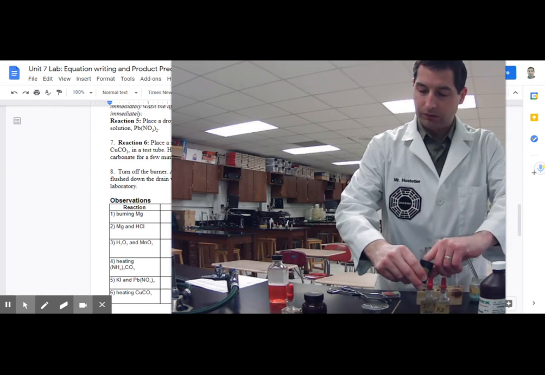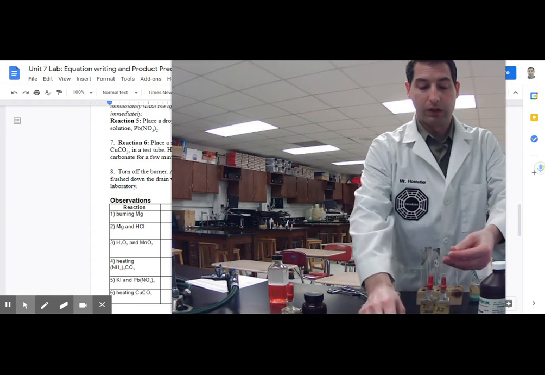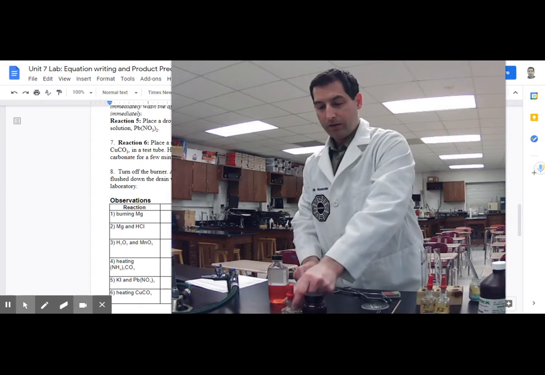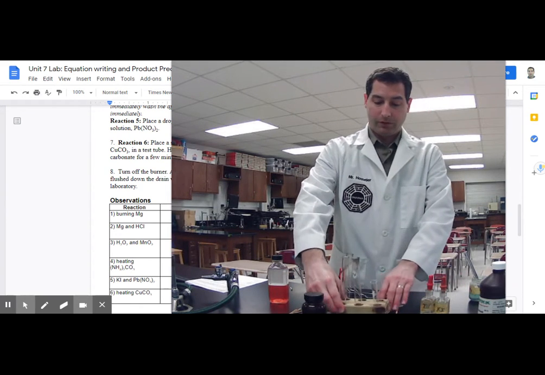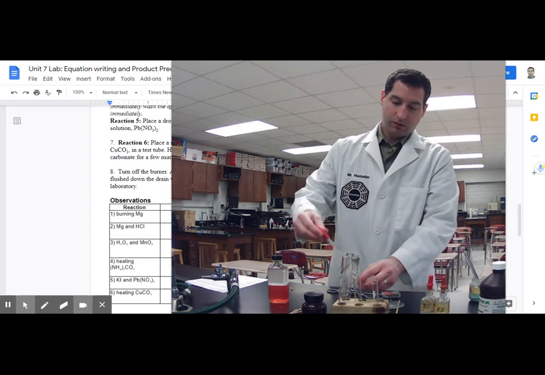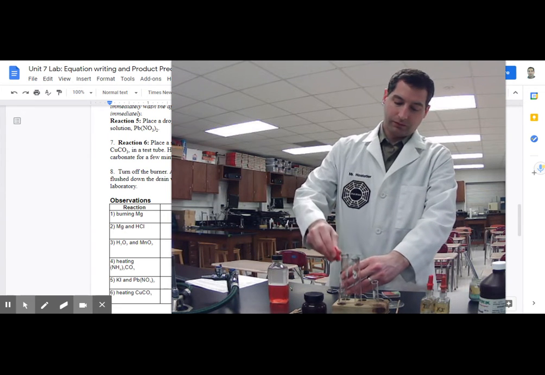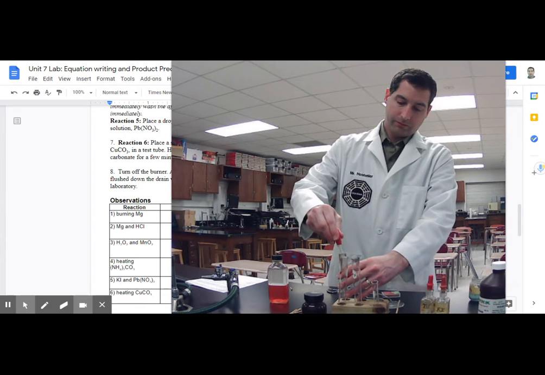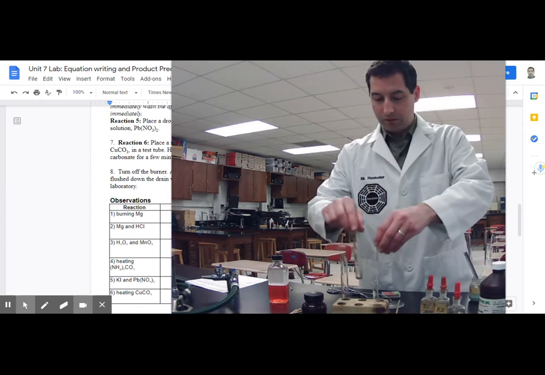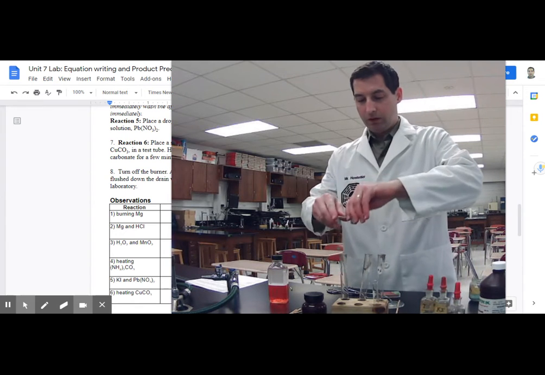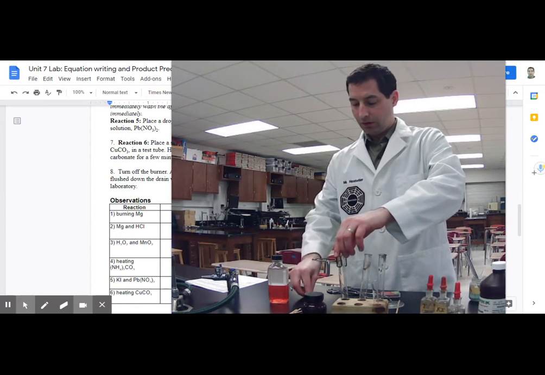The second one also uses magnesium, but this time reacts it with acid. So here I have 3 droppers full of hydrochloric acid. We're going to add our magnesium to it, dissolve and generate a gas.